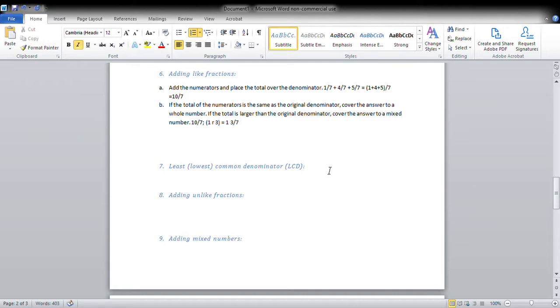So now finding the least common denominator. When you were in grade school and high school, you probably heard this referred to as the lowest common denominator. And you'll see it in your book a lot referred to as LCD. So whenever you see LCD, that refers to the least common denominator.